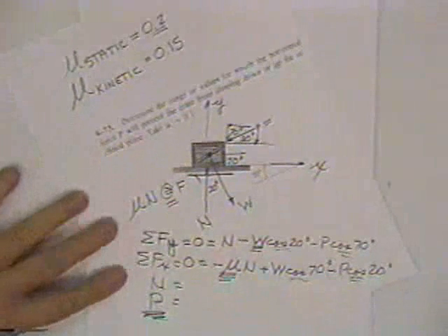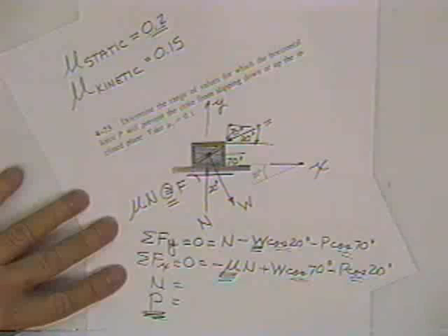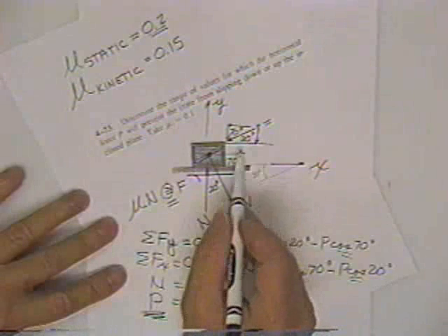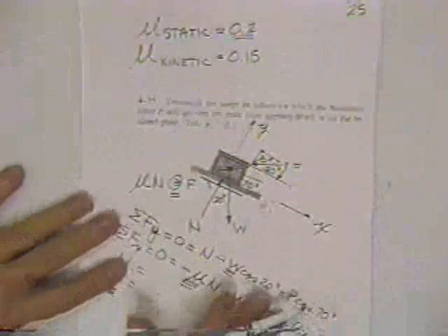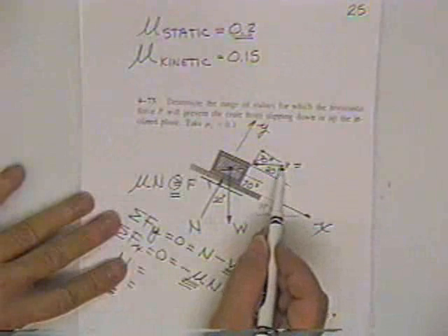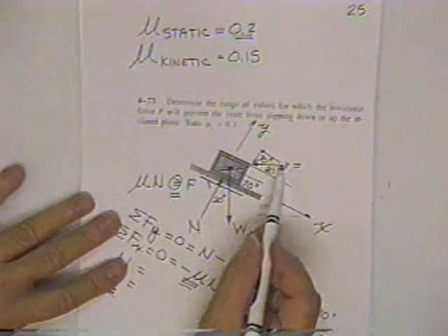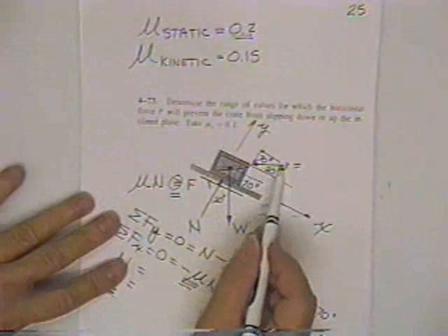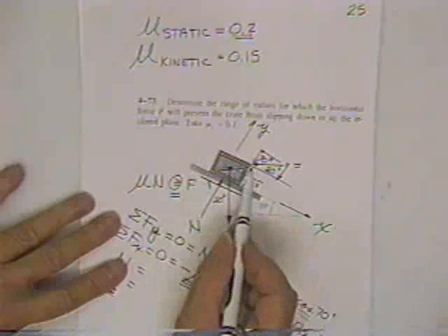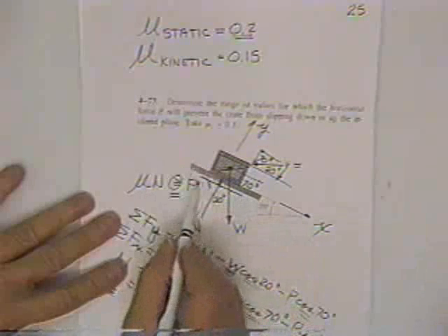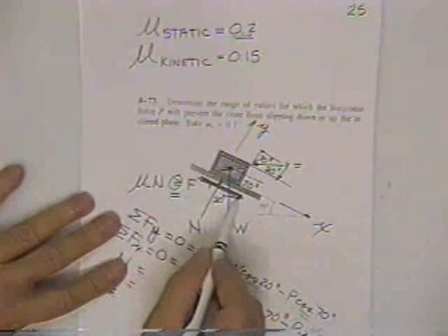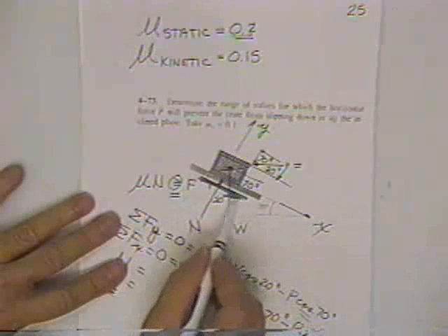Now, in order to find the magnitude of the P force necessary to make the block go up the hill, all I do is note that the guy is pushing, it didn't move. Push a little harder, please. It didn't move either. Push a little harder, please. All of a sudden it breaks loose. The minute it breaks to the left, this friction force changes now and goes to the right.